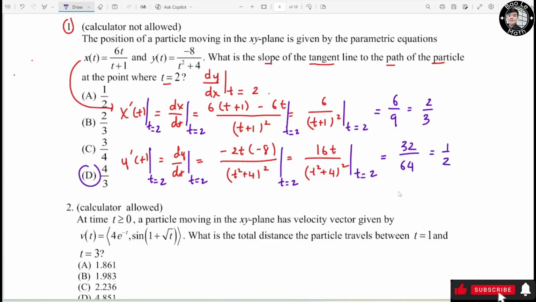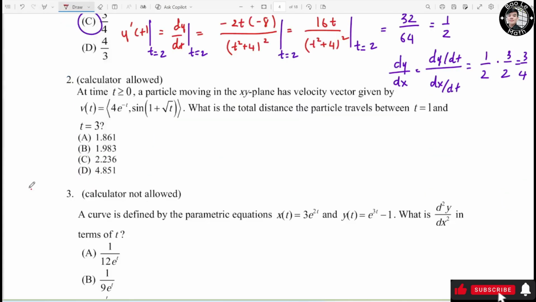So finally we have dy over dx equals dy over dt divided by dx over dt. So it's going to be 1 over 2 times 3 over 2. It's going to be 3 over 4. The answer is C.